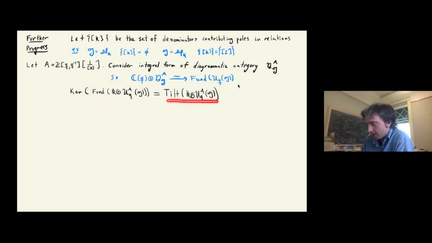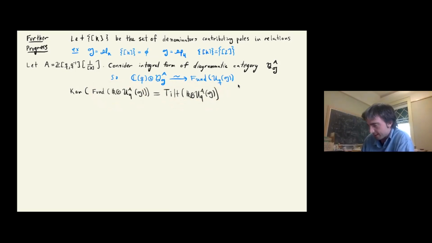This is what people call the category of tilting modules. It is a monoidal additive category, not abelian in general, but it has a bunch of self-dual objects with nice, somewhat understood characters that you can compute using your diagrammatic calculus.